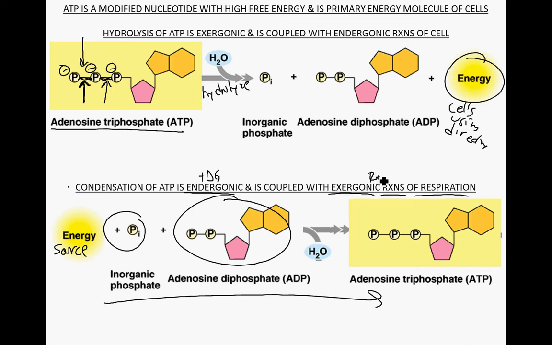The redox reactions are going to be net negative delta G. So we need to do aerobic respiration to get this energy source to make this bond and provide that for the cell.